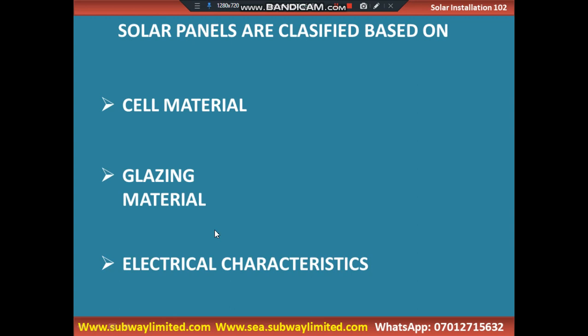It is this voltage rating that will enable us know exactly how to configure each of the solar panel, and this will help us know how to combine the different solar components that will give us the solar system.